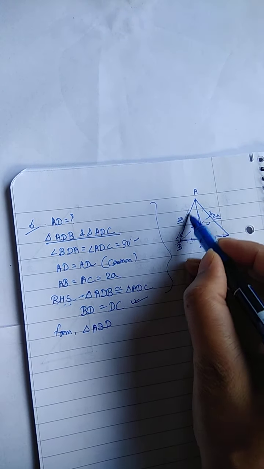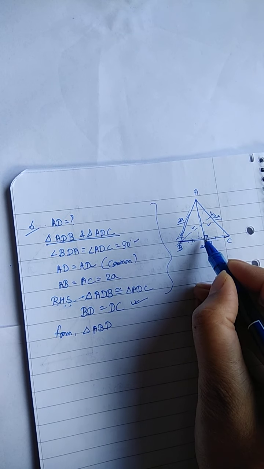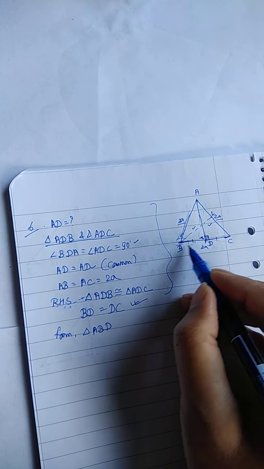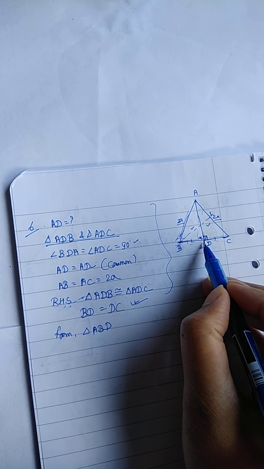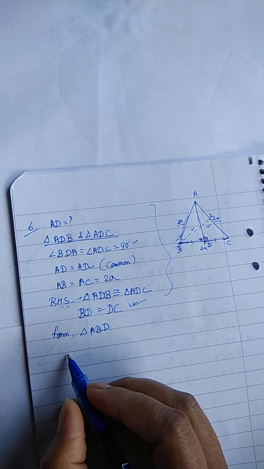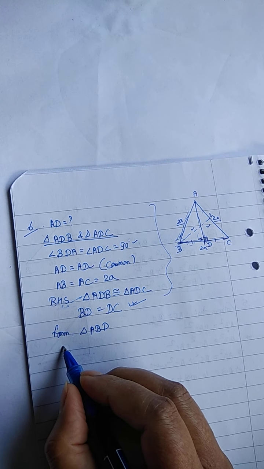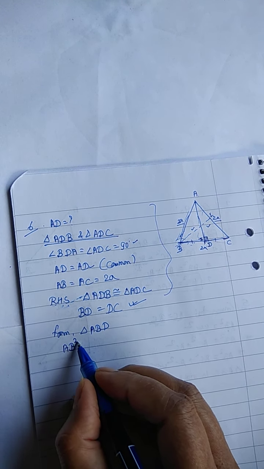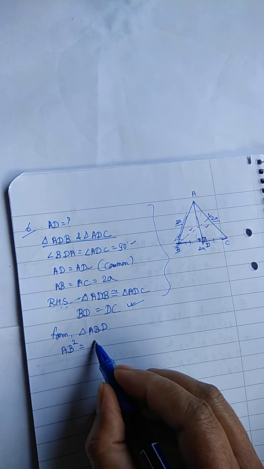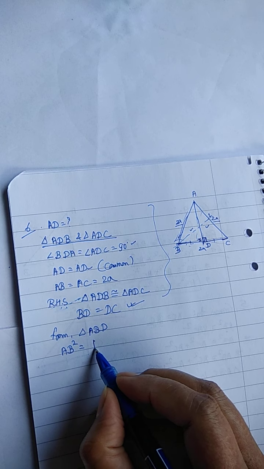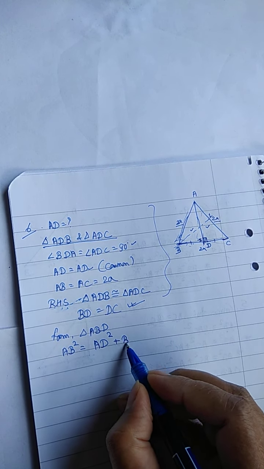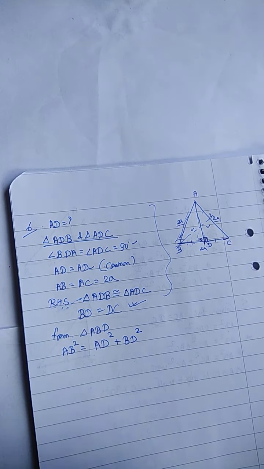Now from triangle ABD, this is a right angle triangle, correct? Because angle ADB is 90 degree. So according to Pythagoras theorem, AB square equals to, means hypotenuse square equals sum of the square of the other two sides. That means AB square equals to AD square plus BD square, right?